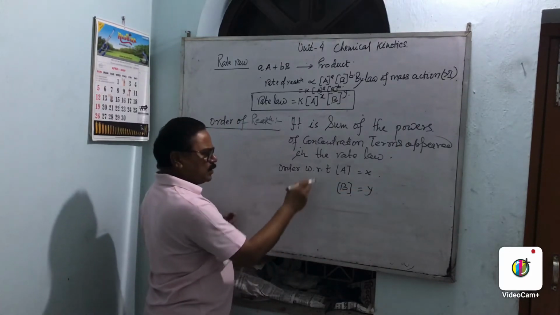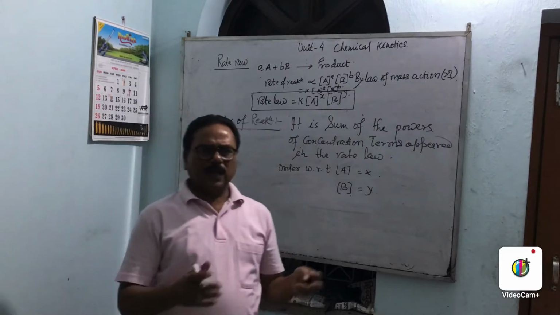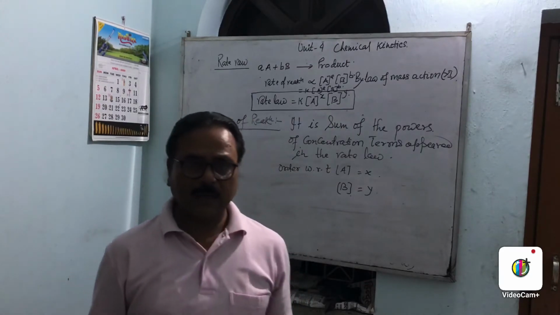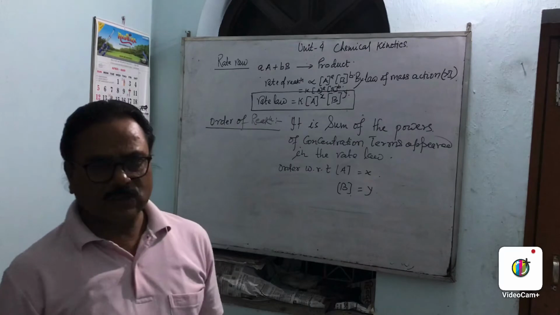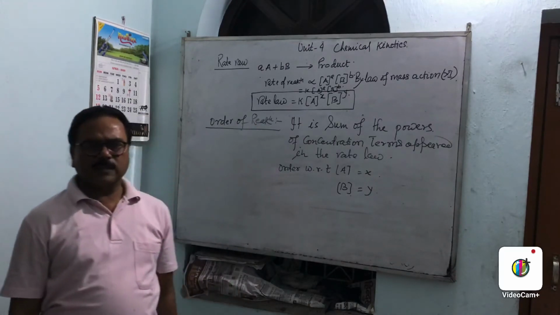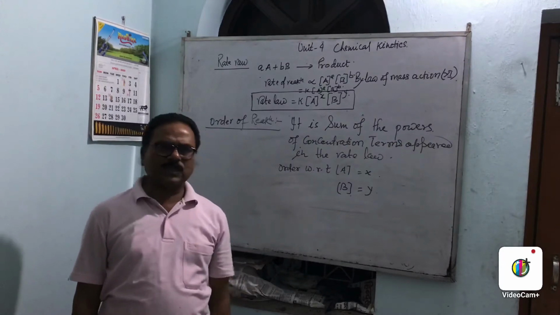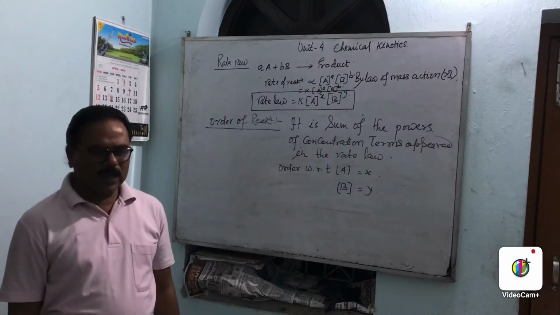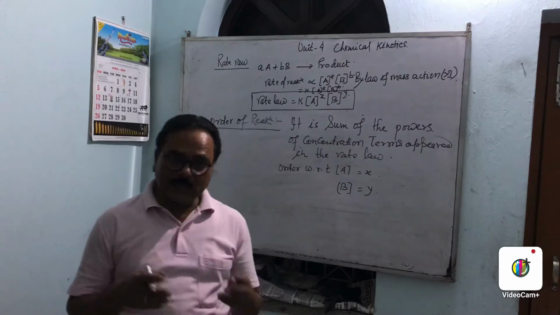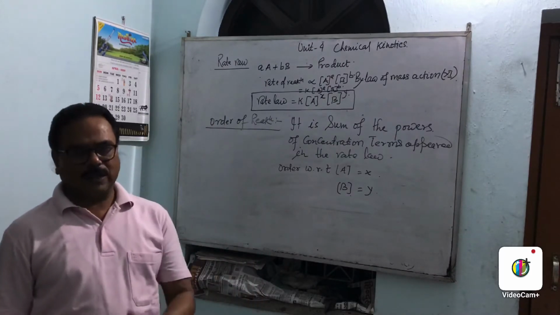So this is the individual order. Suppose a student carries a weight on his head, that is 10 kg, and another student carries 20 kg. I will ask what is the weight carried by the first student. You will answer 10 kg. What is the weight carried by the other student? That is 20 kg.